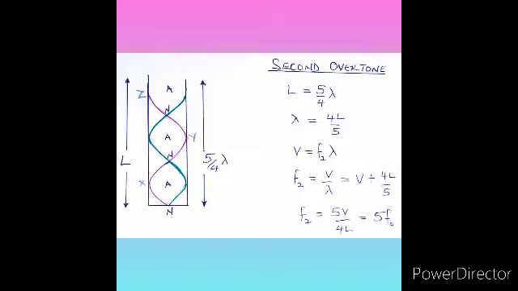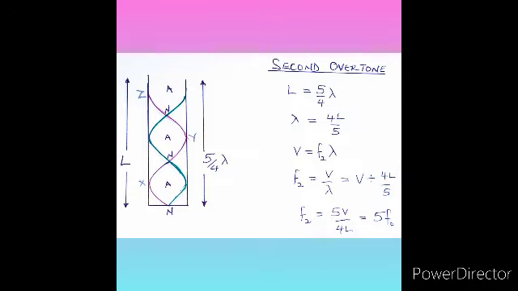Alternatively, between the N at the bottom, the closed end of the pipe, and the N at the top of the pipe, you can see that the wave has traced a complete wavelength. That is, it has gone from N to X to N to Y and then to N. That is a complete wavelength.